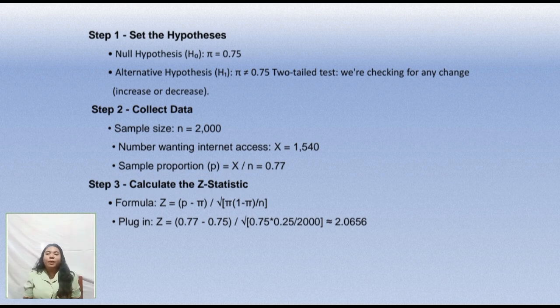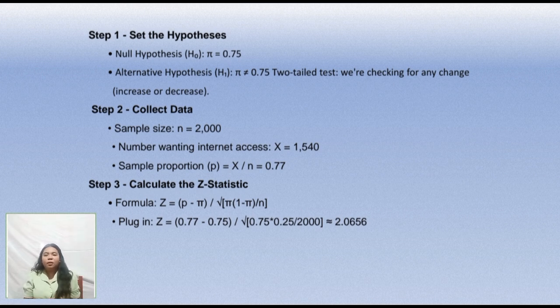The step-by-step calculation: first, find the numerator. Our numerator is 0.77 minus 0.75, which equals 0.02. This is how much the sample proportion differs from the hypothesized proportion.